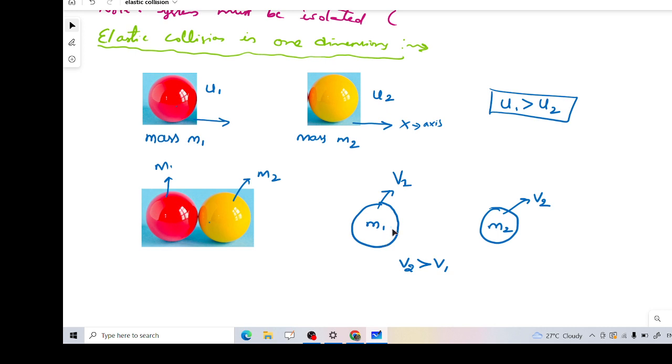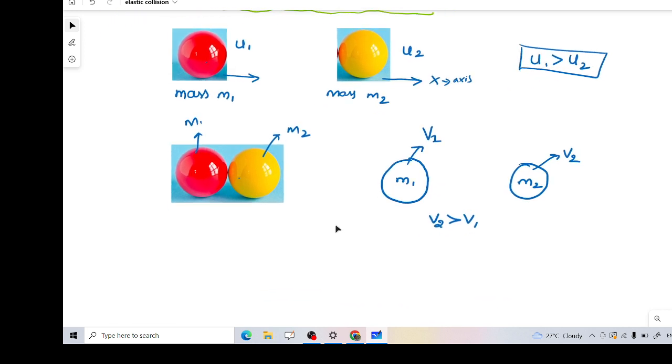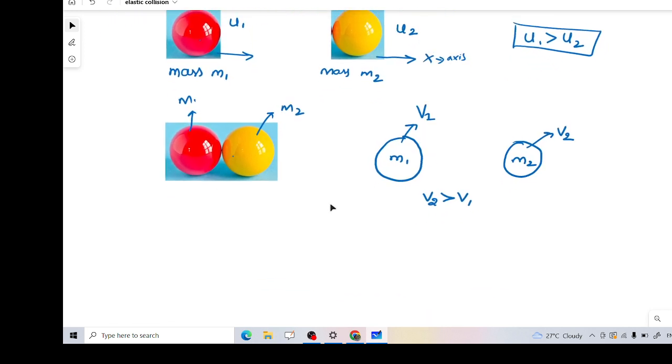After collision they move with some different velocities. The m1 object is moving with the velocity v1 and the m2 object is moving with the velocity v2. Now we all know that linear momentum is conserved in the elastic collision.